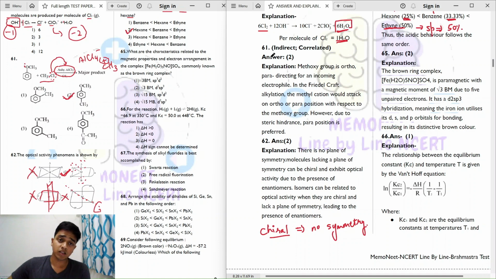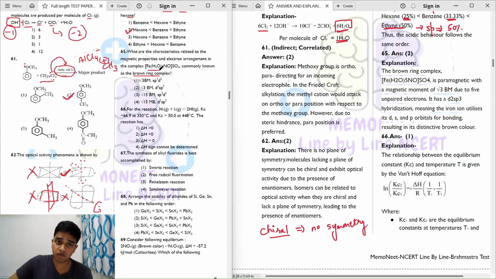Moving on to the next question, the question says, what are the characteristics related to the magnetic properties and electron arrangement in the complex? And we are given the brown ring complex, which is [Fe(H2O)5NO]SO4. So we have to find out the magnetic properties and the electronic arrangement. First of all, we'll find the number of electrons in the iron ion, right?